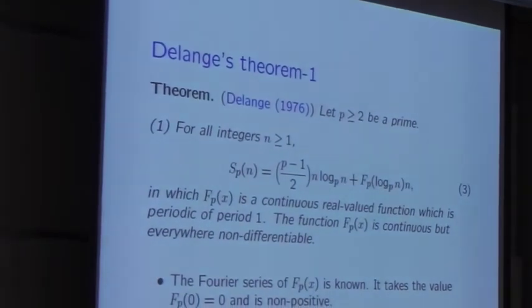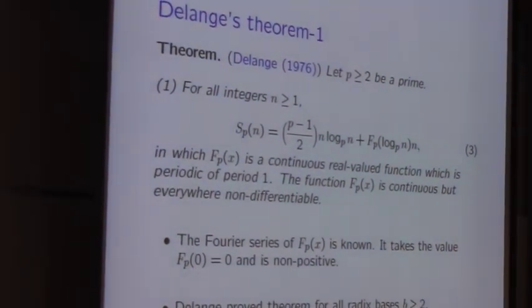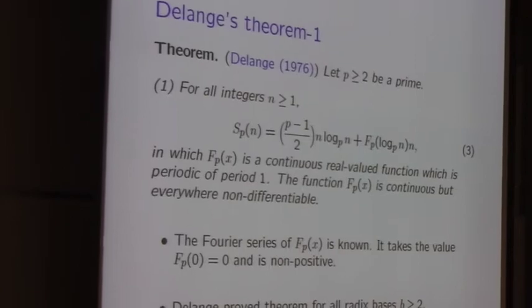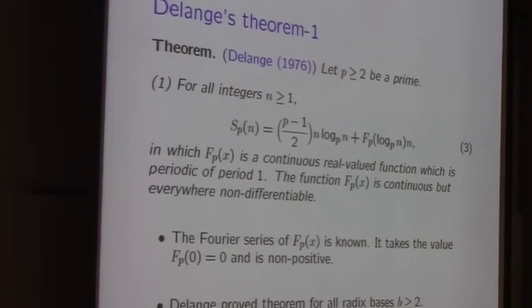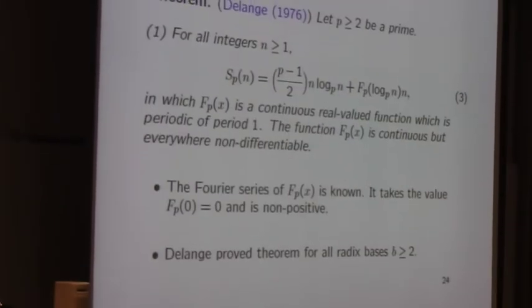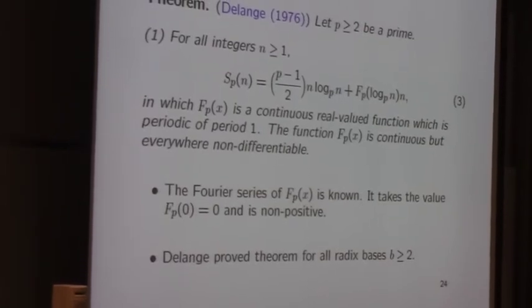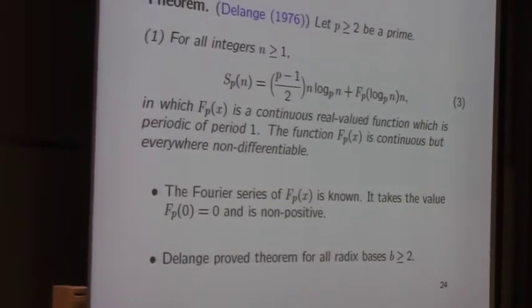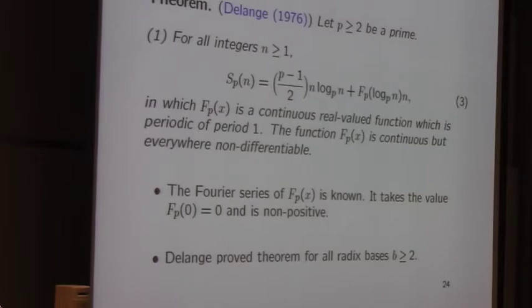And here's a precise version of this assertion about s_p of n proved by Delange in 1976. He proved that s_p of n is equal to exactly (p minus 1) over 2 times n log n plus n times f_p, a function which is a continuous real-valued function periodic of period 1. And this function is known to be continuous but everywhere non-differentiable.